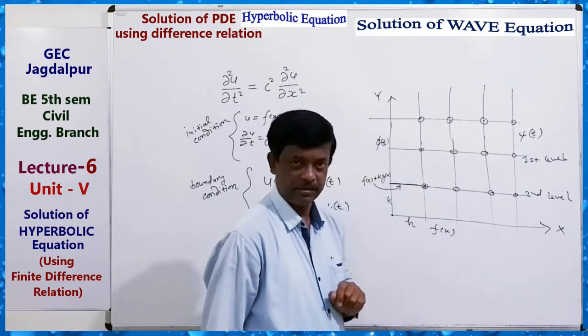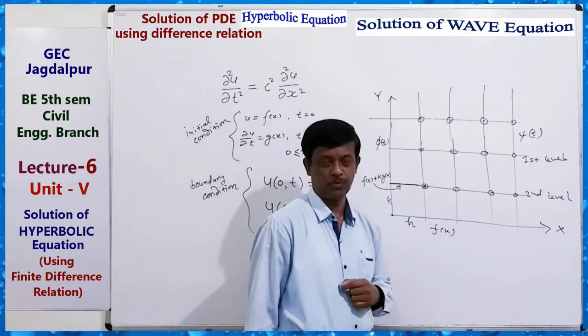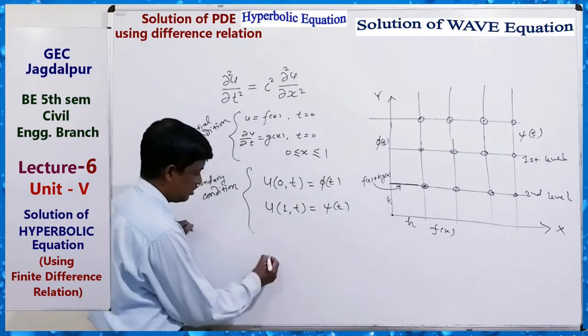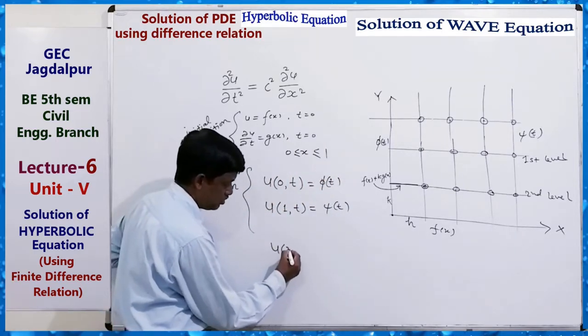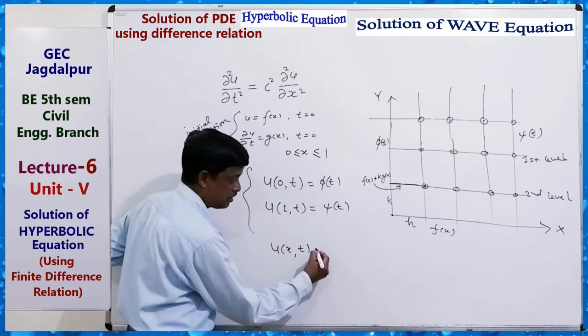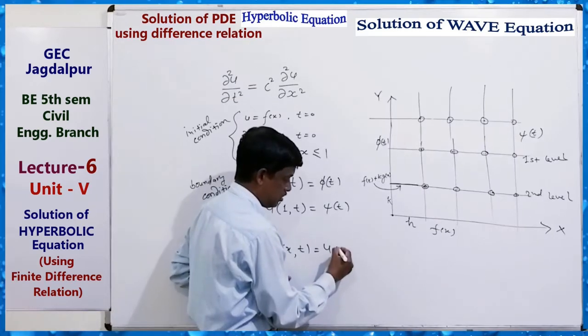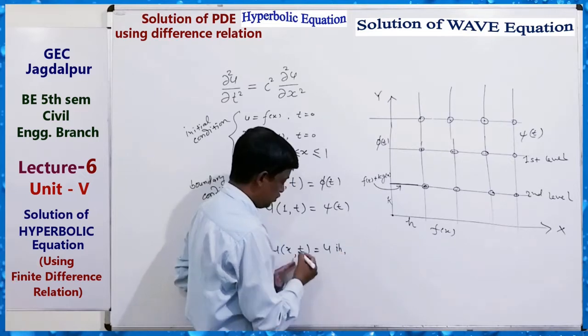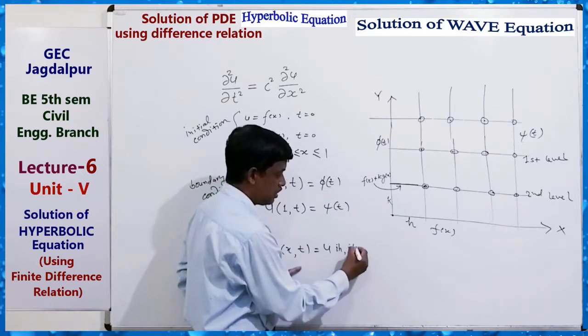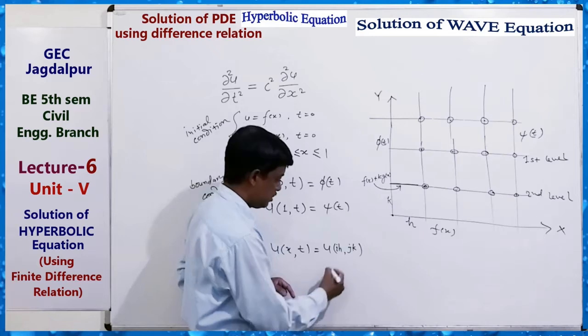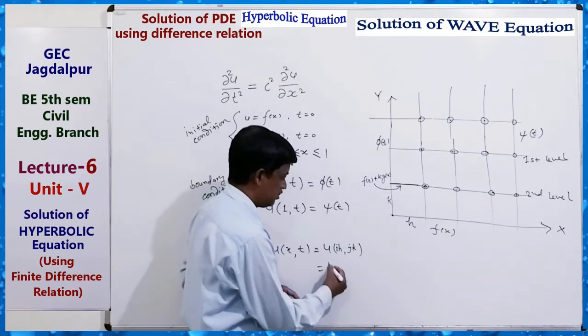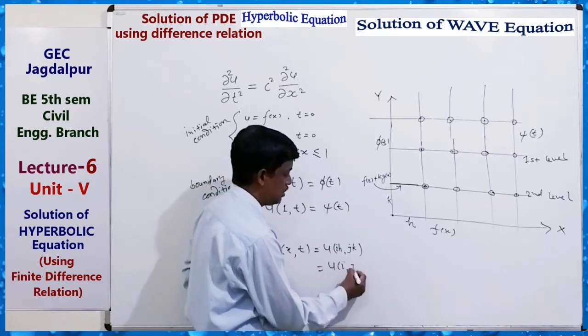And if this is an arbitrary mesh point, then we know our notation is u(x, t). That means u with x equal to i h, and in place of t, j k. And this we write only as i and j.